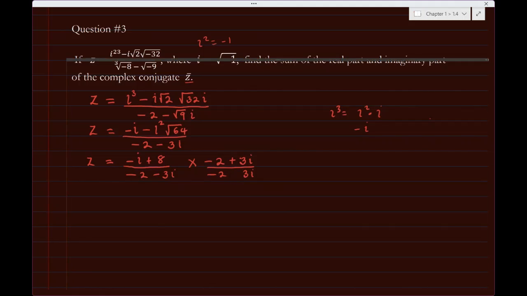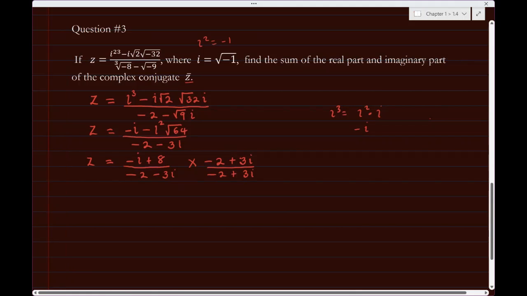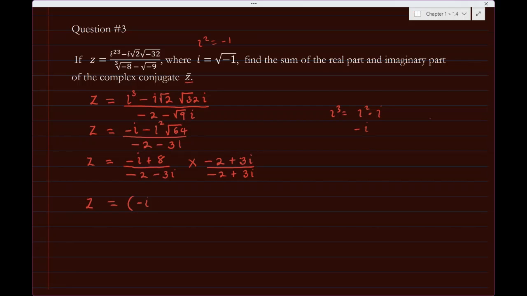Okay, so this is plus here as well. Now, this is simply minus i plus 8 into minus 2 plus 3i, divided by minus 2 minus 3i, multiplied by minus 2 plus 3i.